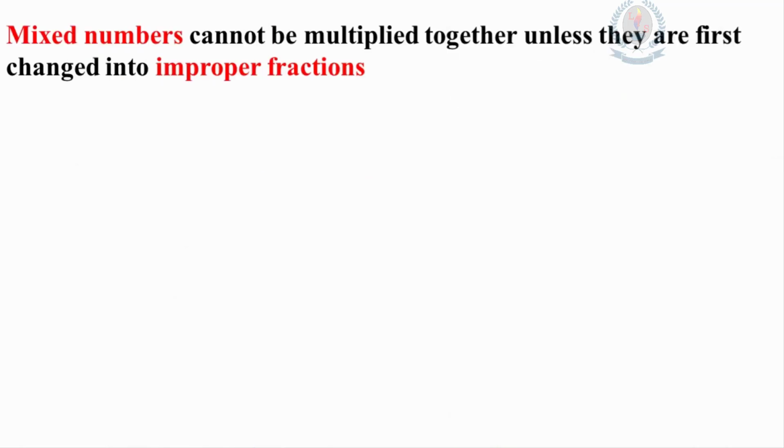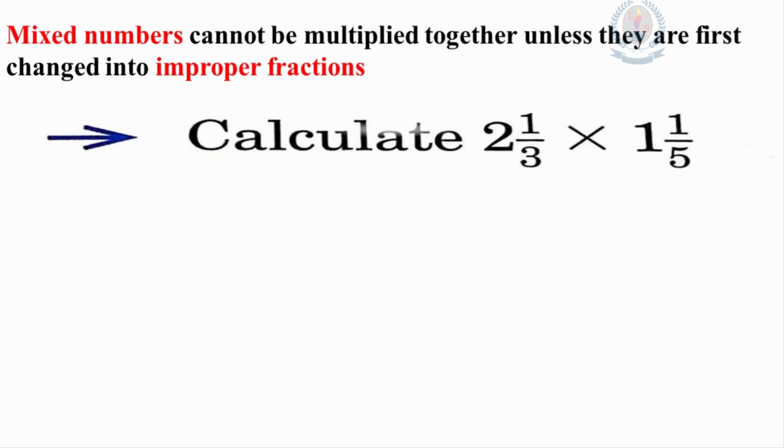Mixed numbers cannot be multiplied together unless they are first changed into improper fractions. To understand this, let's look into a question. Calculate 2 1 by 3 multiplied by 1 1 by 5. Now these are mixed numbers. First you have to change them into improper fractions.